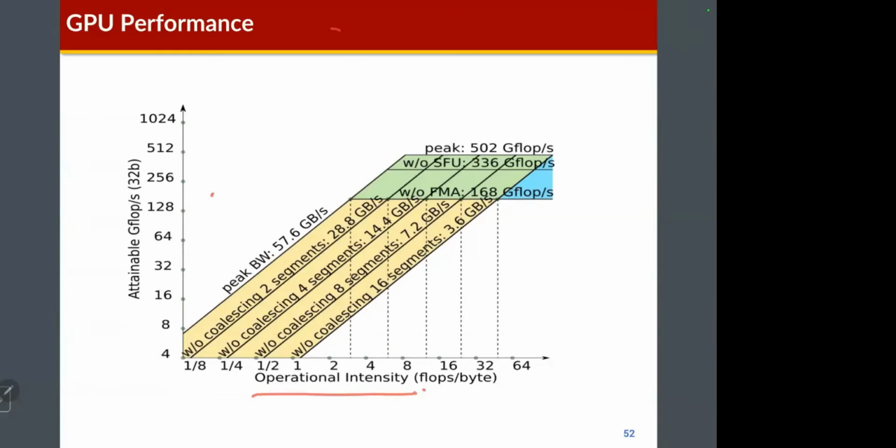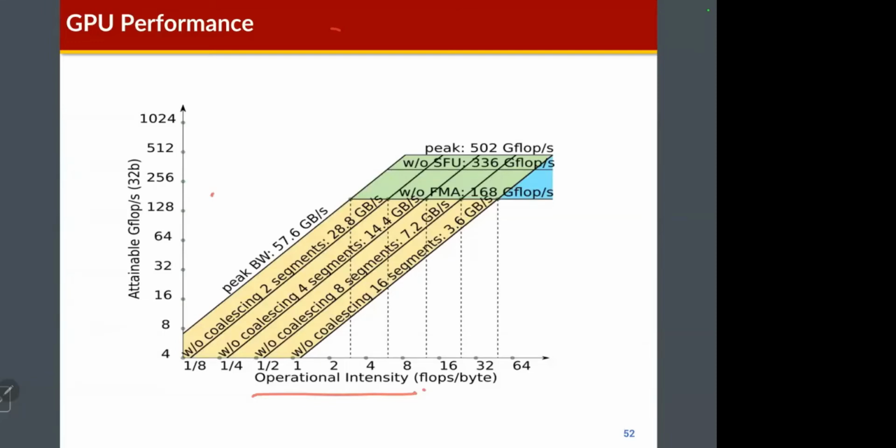So this slope generates 16 memory transactions per warp. The performance is improved if a warp generates a single memory transaction. But if a warp generates 16 memory transactions, then we can observe that the GPU's peak performance is decreased.